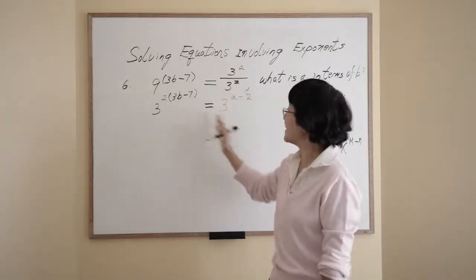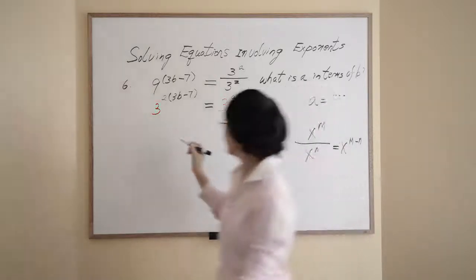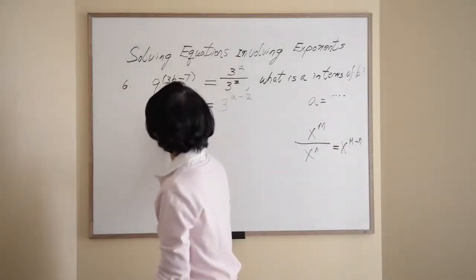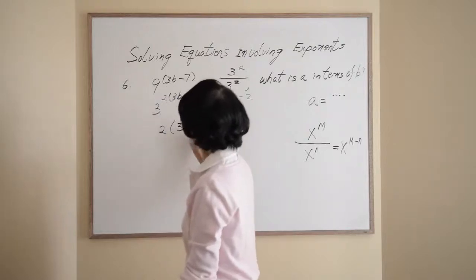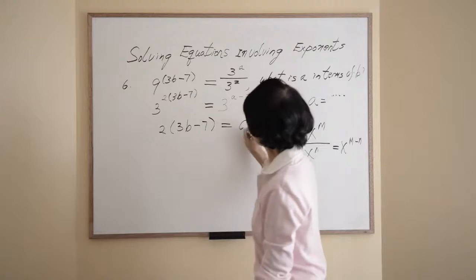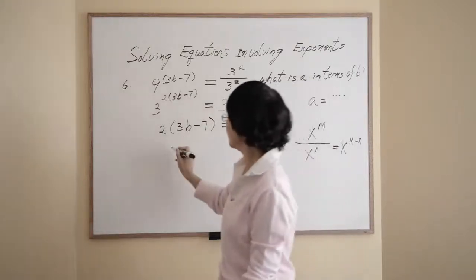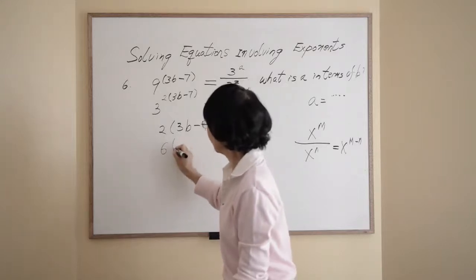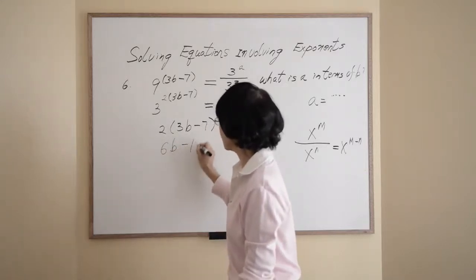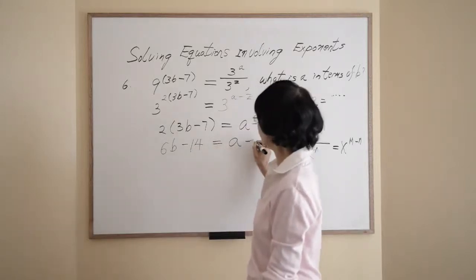Now, you have the same base. Remember, we learned to just drop the base, okay? So we have 2 times 3b minus 7 right away equal to a minus 2, okay? So if you open up the bracket, it's 6b minus 14 equal to a minus 2.